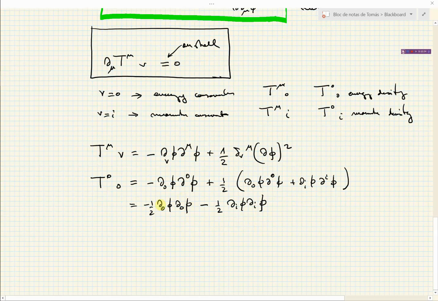So clearly this is a square and this is a sum of squares, so this is negative. Okay, so in these conventions that I am using, this will really be minus the energy density if we take the usual convention that energy should be positive.